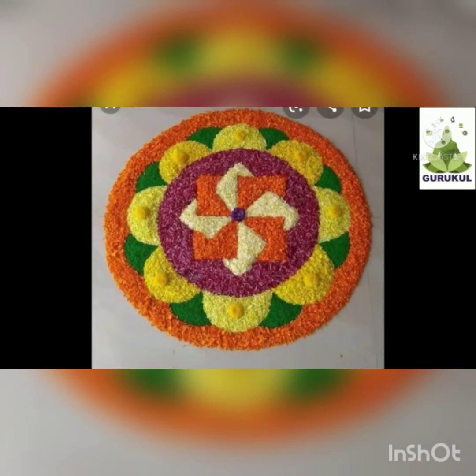Different colors of flowers, then different types of grains, right? Then different types of, yes, paper flowers. Okay, good. So it means that we can use some other alternatives for rangoli powder.